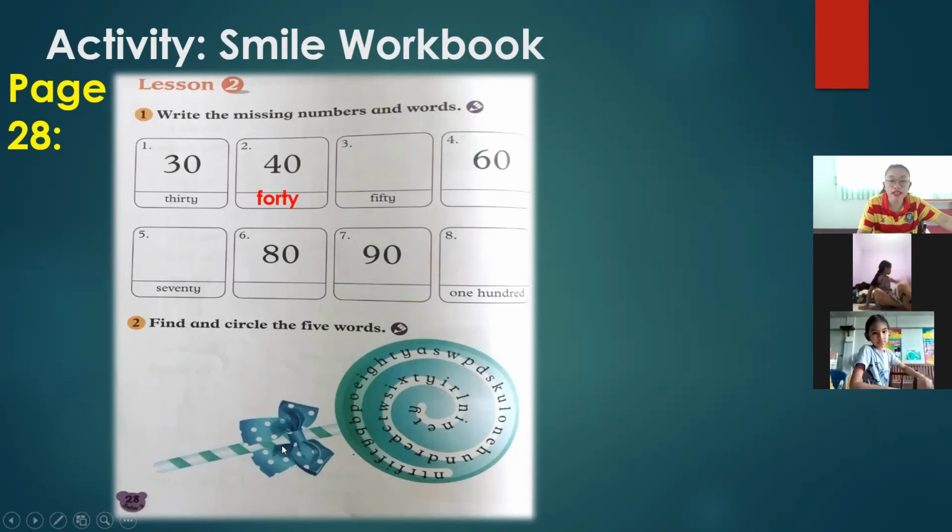Okay, next is number 3. We have here 50. How do we write 50 in digits? 5 and 0. Very good. Yes. We write 50 as 5 and 0 in digits.